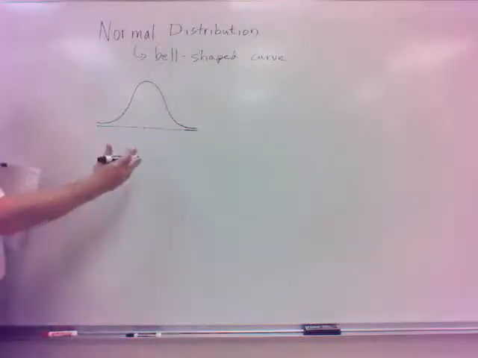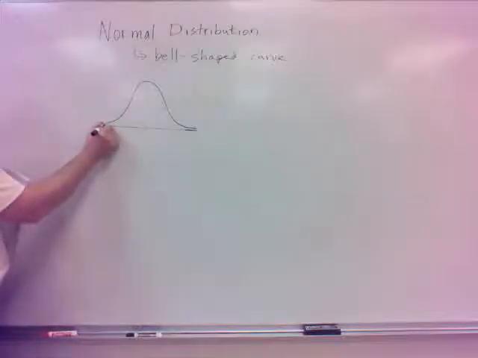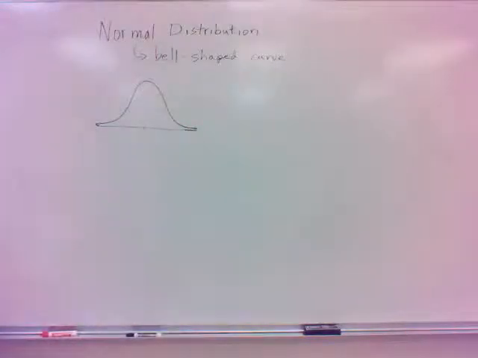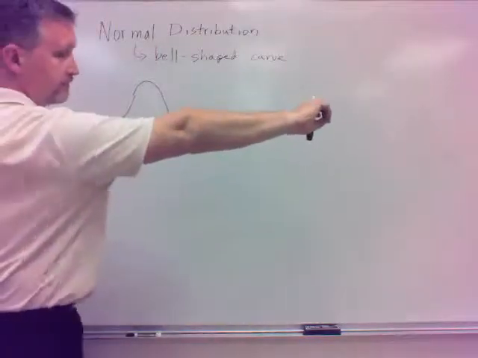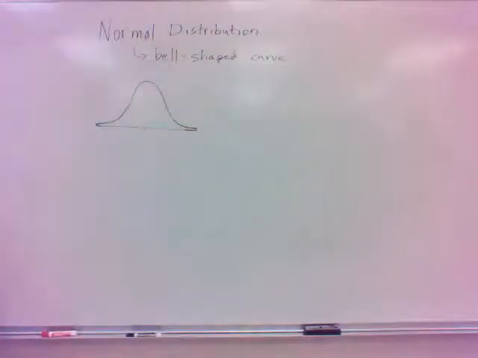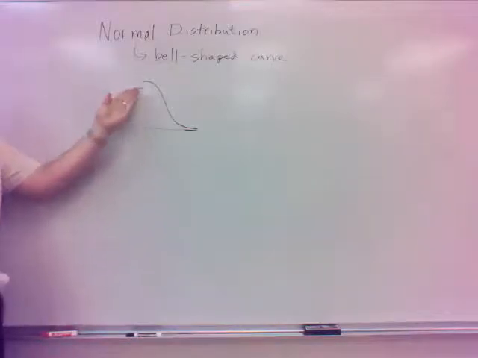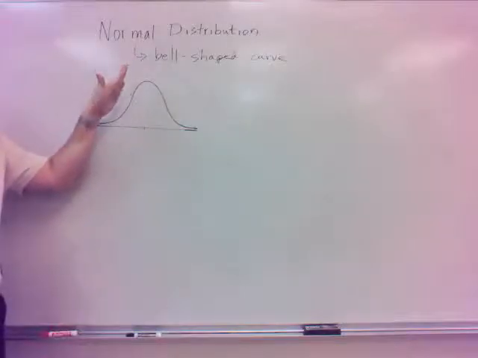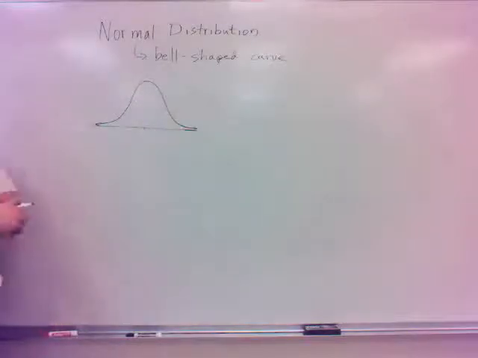And technically speaking, these lines out here keep progressing towards the line here, but technically they don't ever stop. The lines just keep going infinitely out there. And then of course the height of the graph is your frequency, how frequently occurring each value is.